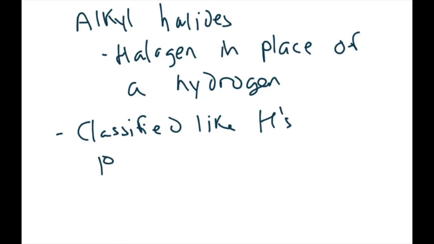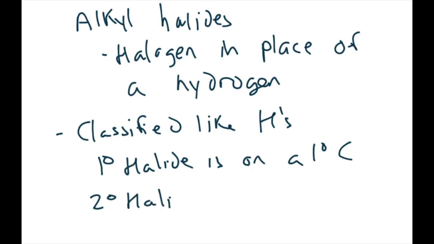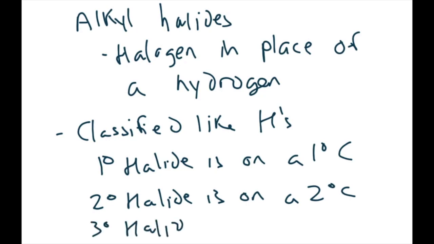A primary halide is on a primary carbon. A secondary halide is on a secondary carbon, and a tertiary halide is on a tertiary carbon. And just like hydrogens, I can't have a quaternary halide because there's no space on the carbon for that group.